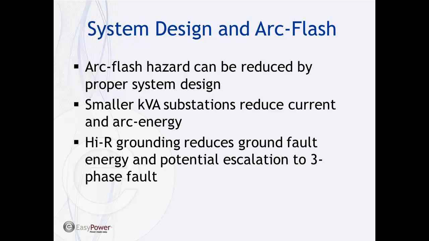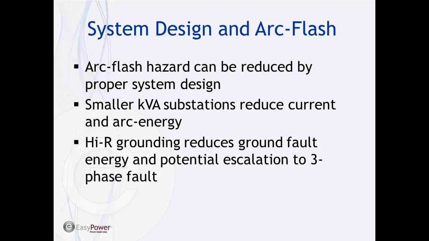As far as some other things you can look at, differential protection. We didn't discuss that, but it will reduce the amount of time it takes to trip within that differential zone, where you don't have to be coordinated with overcurrent devices. That can significantly reduce the incident energy.